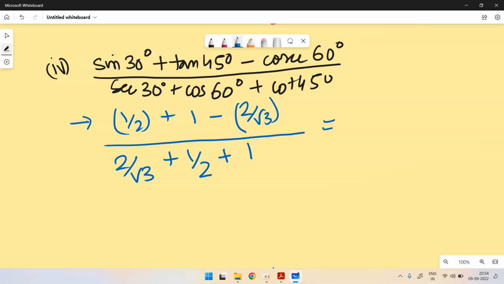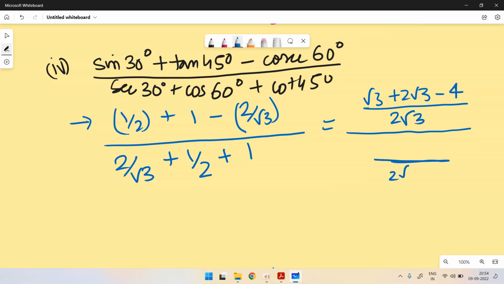So this is root 3 plus 2 root 3 minus 4 by 2 root 3, upon, if we also take 2 root 3 as the LCM, 4 plus root 3 plus 2 root 3.